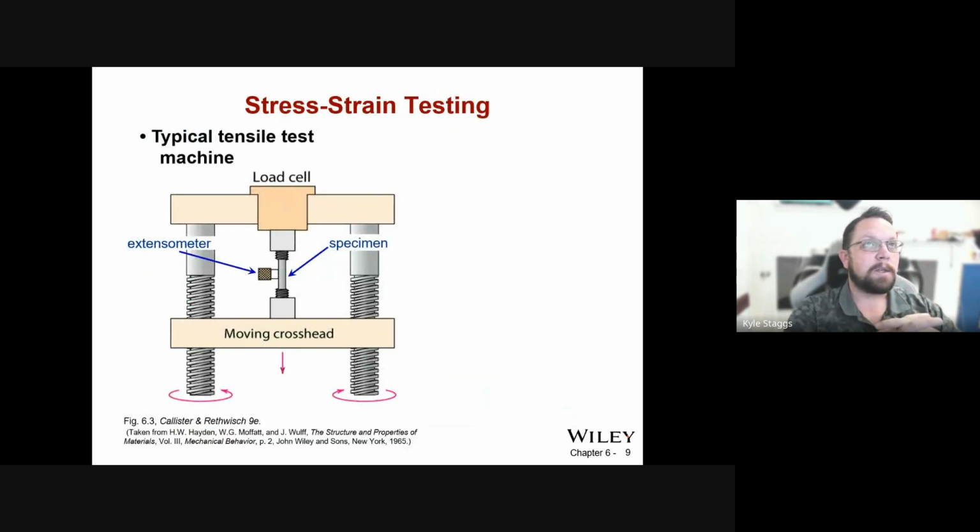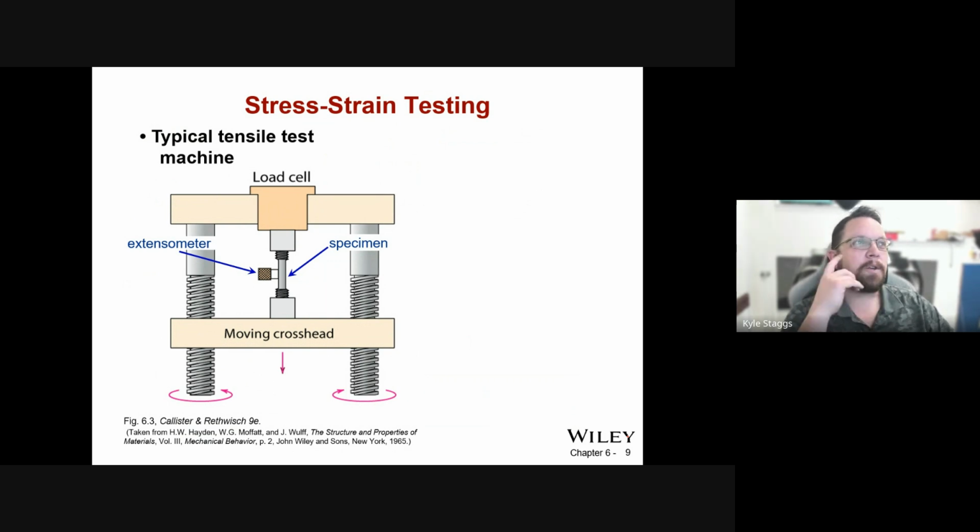So the testing that we're going to be doing is similar to this. We may or may not get to use the extensometer. But the tensile testing machine looks a lot like this. There's a reason why we use it this way.